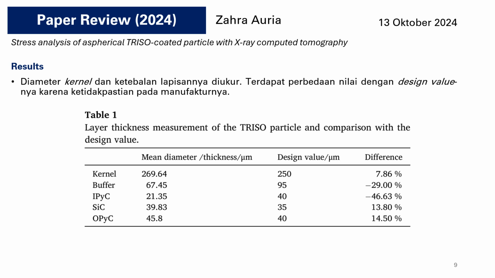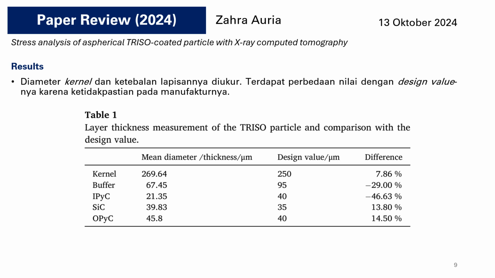So we measure the kernel diameter and the thickness of the coatings, and there are some differences in value from the design one because there is some uncertainty in its manufacture. We can see that there are positive and negative values here.